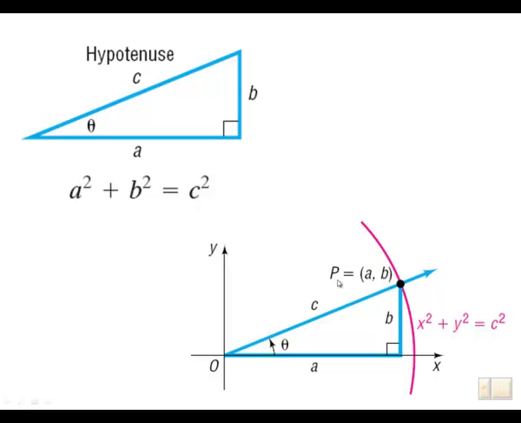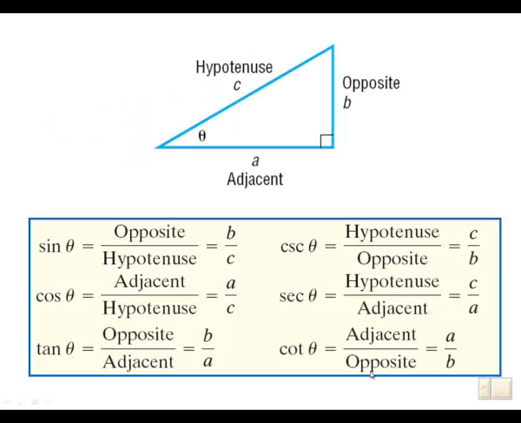If you don't have a right triangle, then you cannot use the Pythagorean theorem. You have to use something else. But in this case, we're working with just right triangles, so we can use the Pythagorean theorem in these problems.